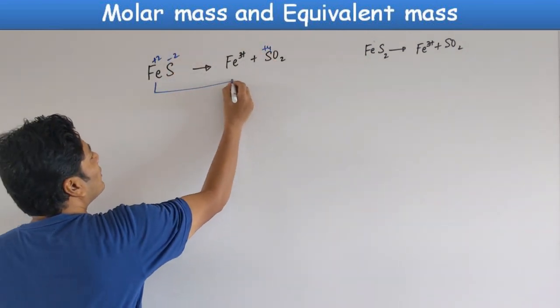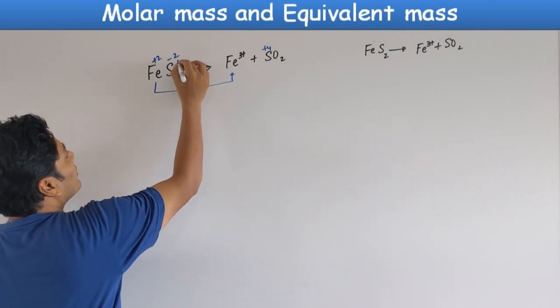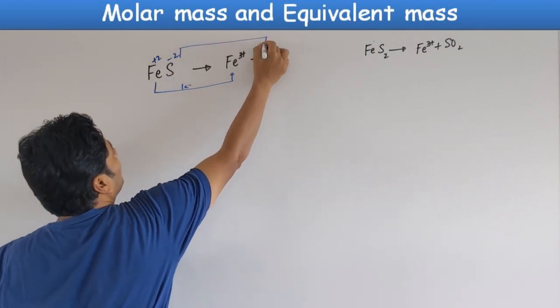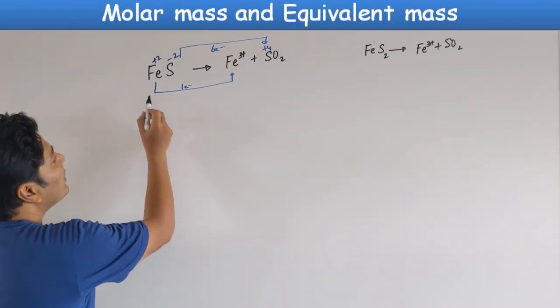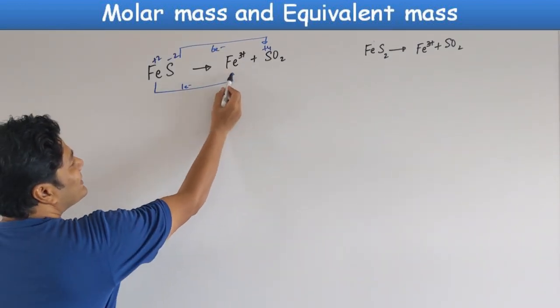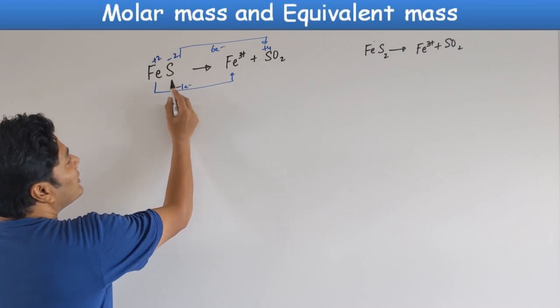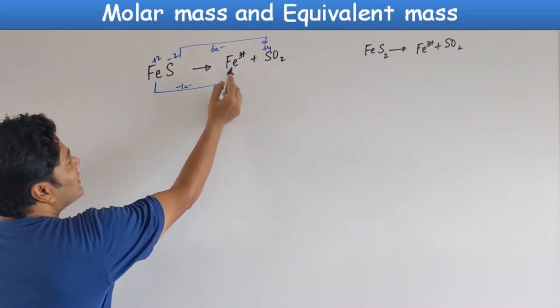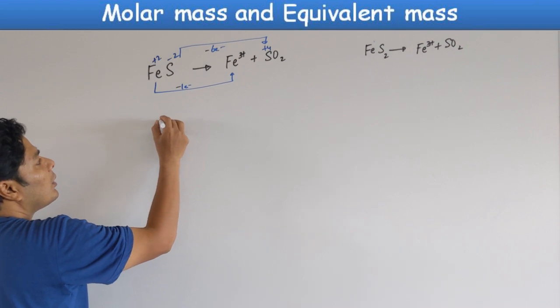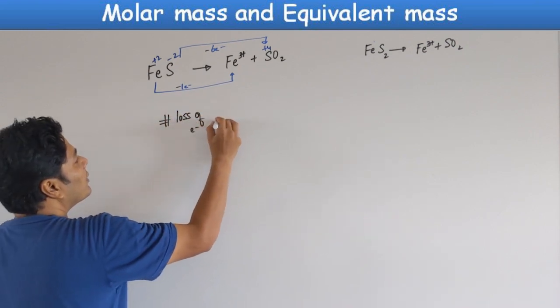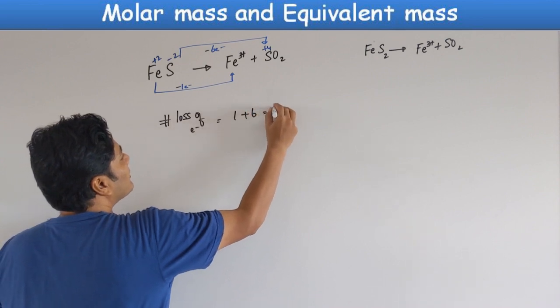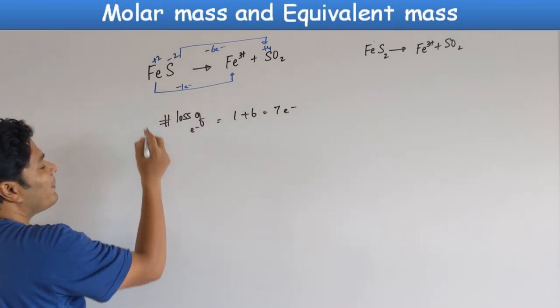So the iron has gone through 1 electron change, the sulfur has gone through 6 electron change. So iron has oxidized itself by losing 1 electron. Sulfur has oxidized by losing 6 electrons. So the total loss of electrons is 1 plus 6 equals 7 electrons for the same compound.